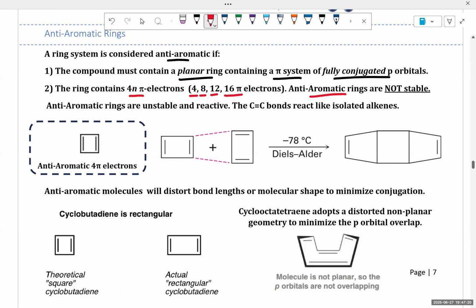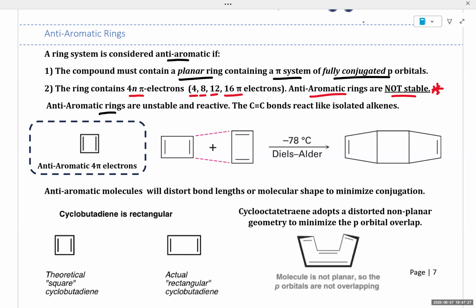Antiaromatic rings are not stable. Antiaromatic rings are unstable and reactive. Their carbon-carbon double bonds react closer to isolated alkenes. Antiaromatic molecules, such as, for example, cyclobutadiene, which has 4 pi electrons fully conjugated in a ring, will distort bond lengths or molecular shape to minimize conjugation.